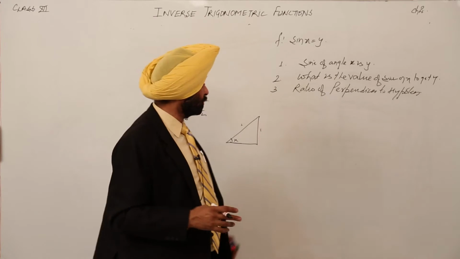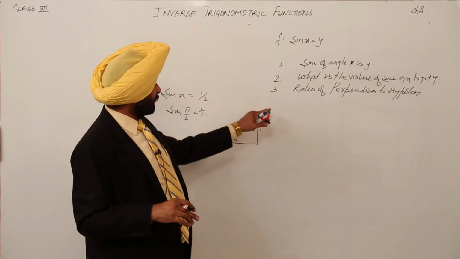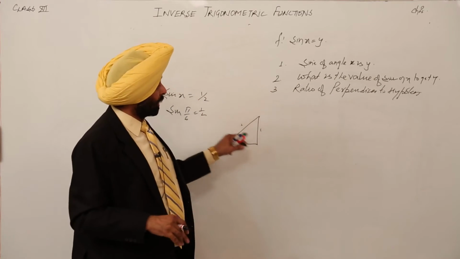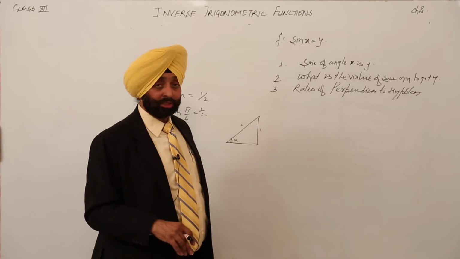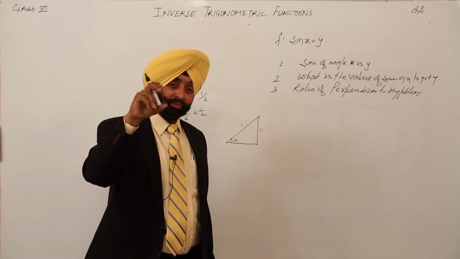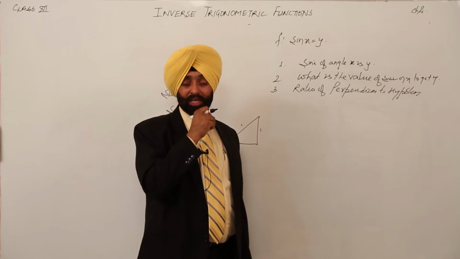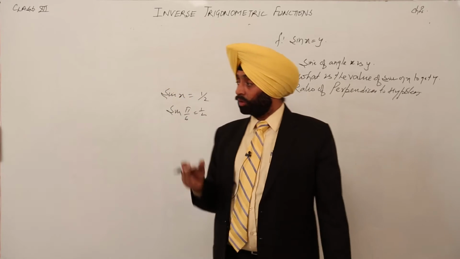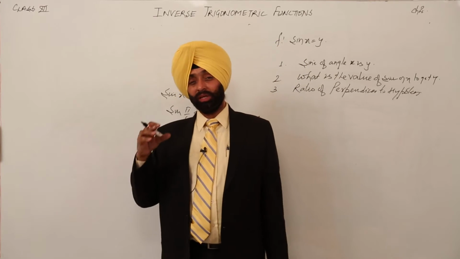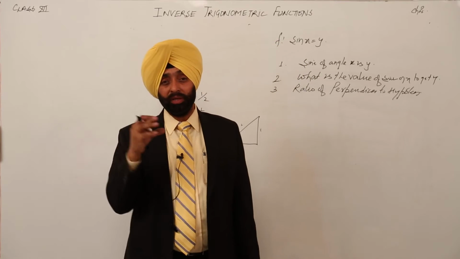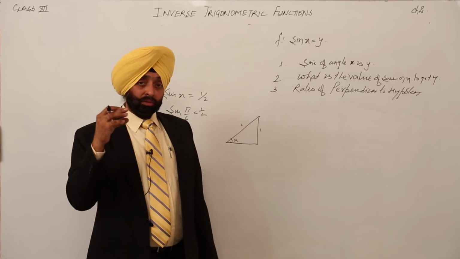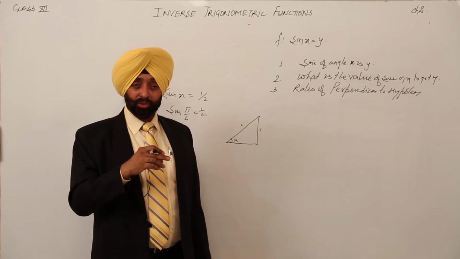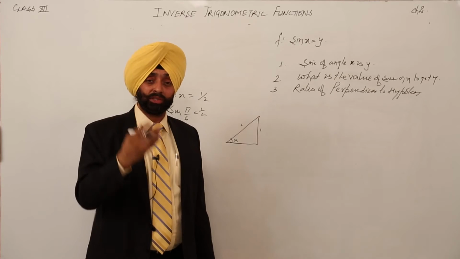Basically, if we are having sin x equal to y, it means what I have written on the blackboard, sine of angle x is y. Can you think for the inverse part? Your inner self should be feeling, can we find the inverse, or what the inverse is?